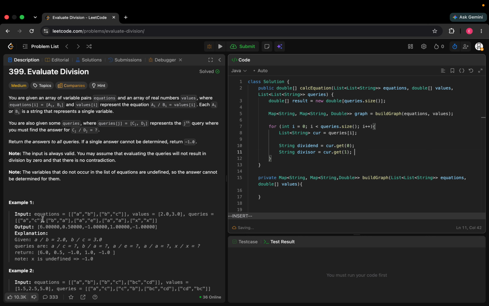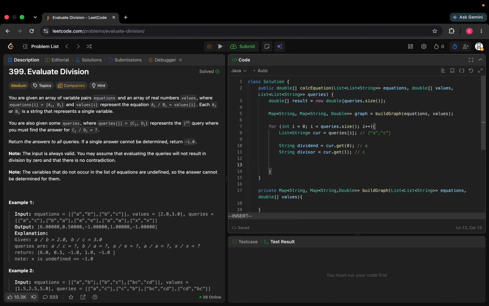For example, the first one, right? This is A, and this is C.